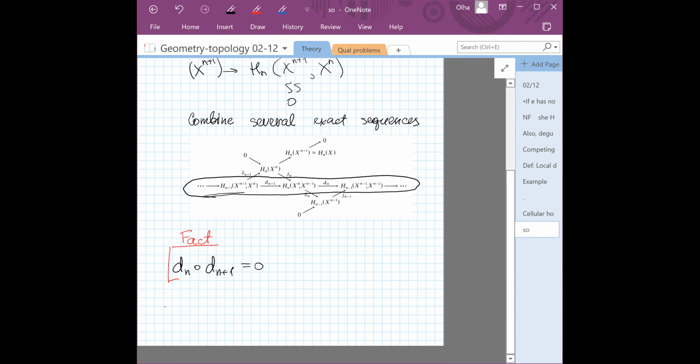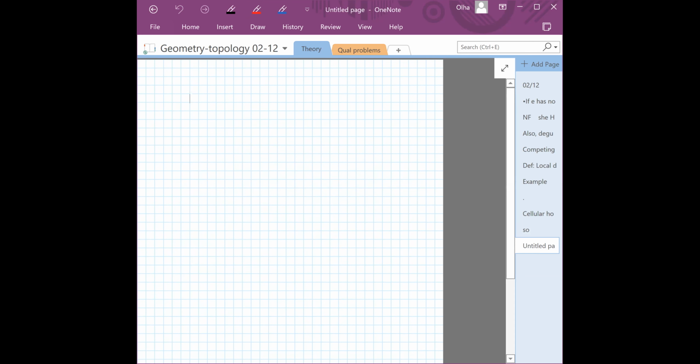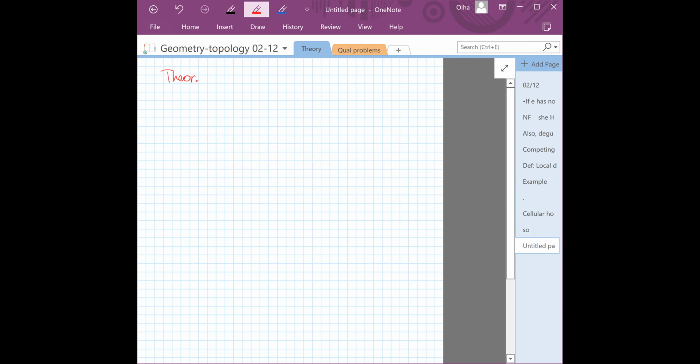So this defines another type of homologies of X. And the reason we were doing all of this is because of this theorem.